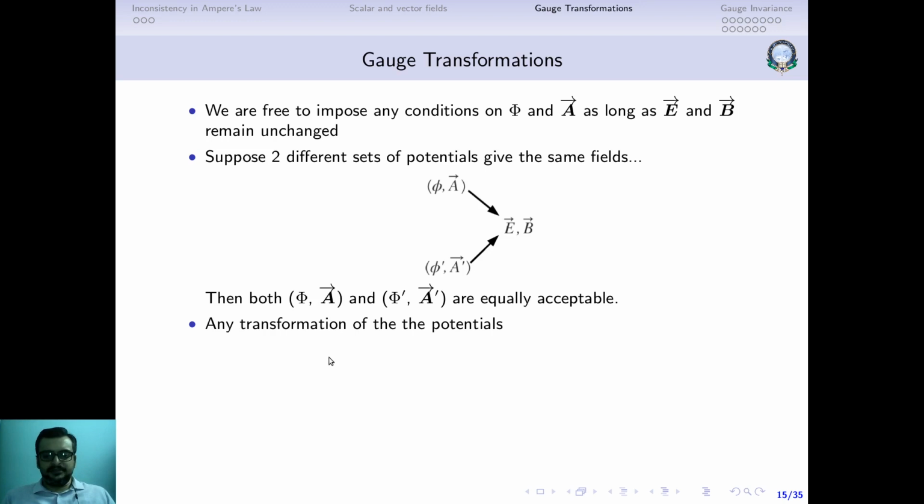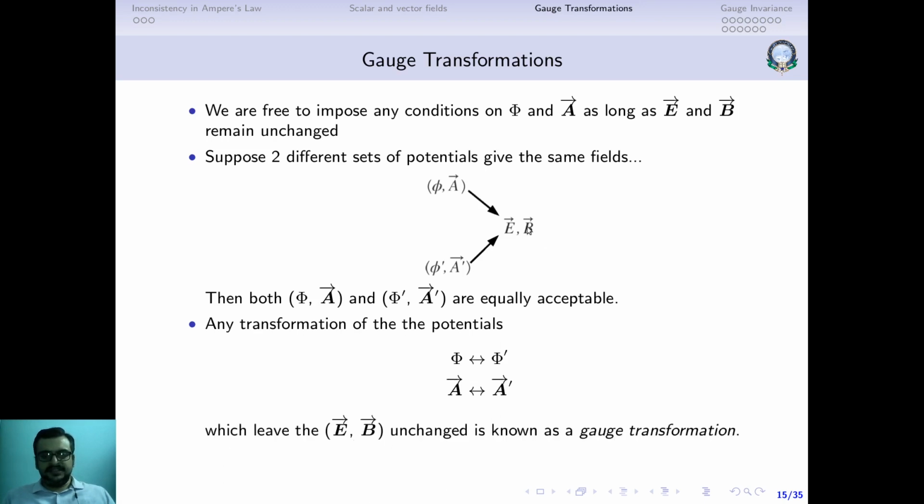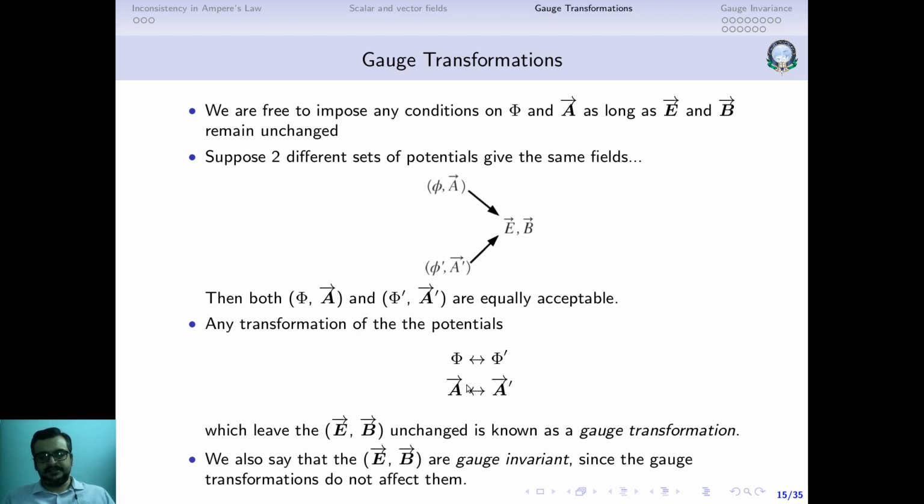So basically, any transformation of the potentials, that is from phi to phi prime or vice versa, or A to A prime and vice versa, any such transformation between two sets of potentials which leaves the electric and magnetic fields unchanged, is known as a gauge transformation.